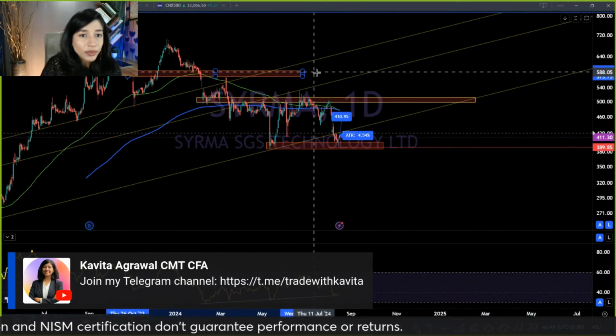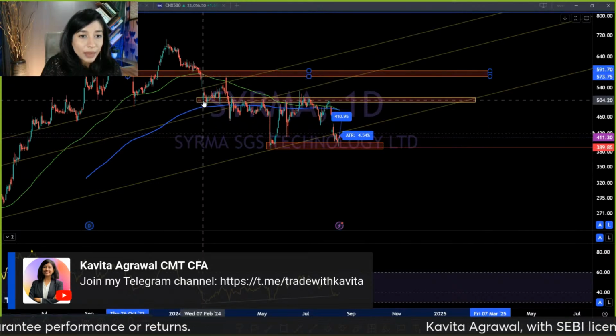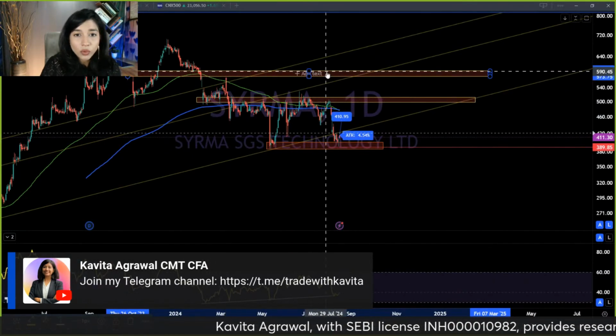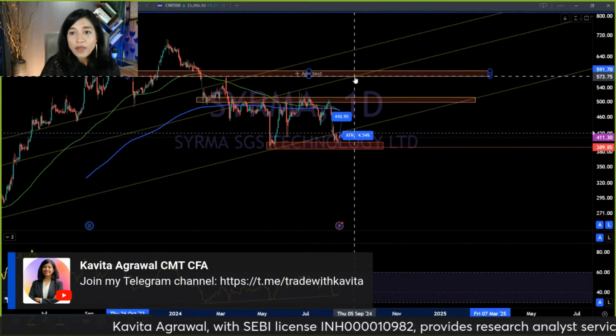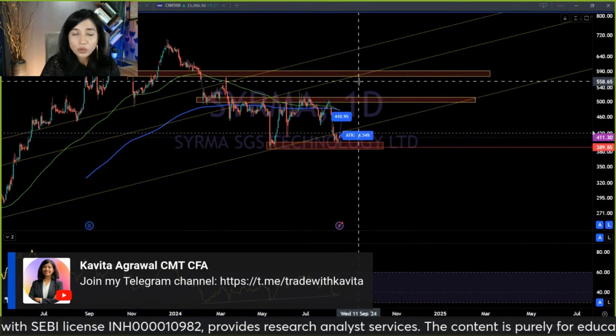There is a gap over here, and this is where the strong momentum began, which established this low. So I think this looks like a more important resistance. So around 580 is where I would take my second target to be for the stock.